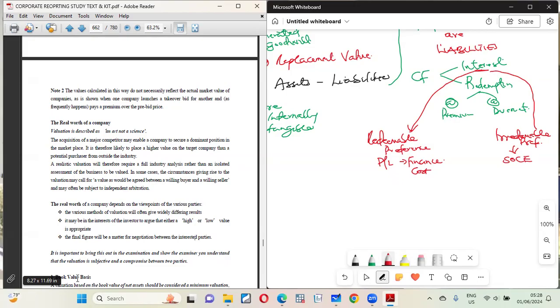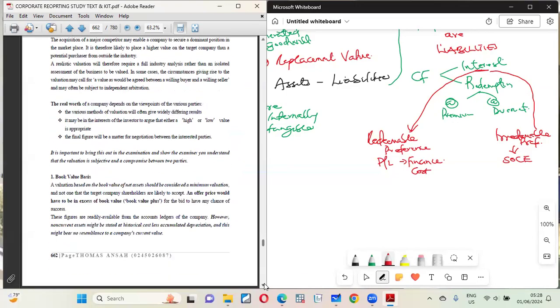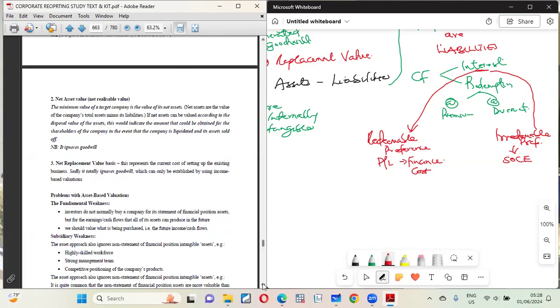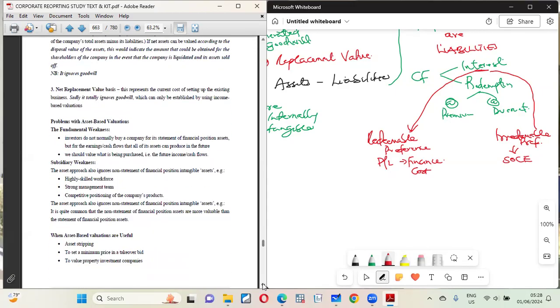So now that is that. Now we've gone through all these things, the net asset valuation and all those issues in there. We use it basically for asset stripping. What is asset stripping? If you are buying a company for the sole purpose of its assets, that is what we call asset stripping.